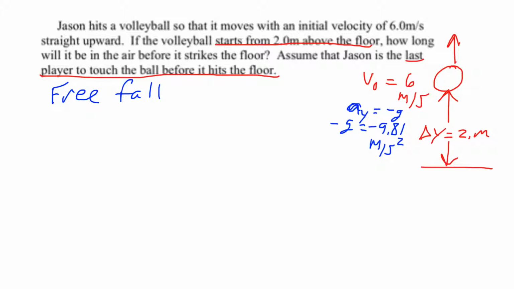Okay, so if we were to solve for the time right now, then what we would know is the time that it takes for the ball to get to the floor from where it started, because the displacement that we know is between here and here. But we want to know how long it takes the ball to make its full trip.